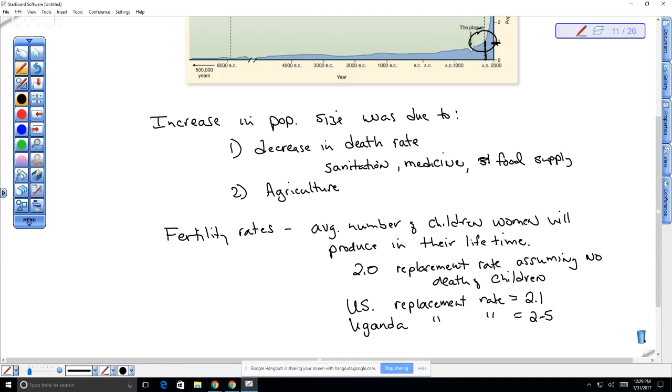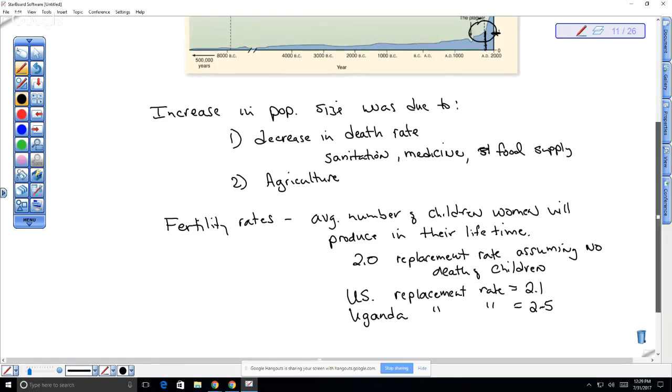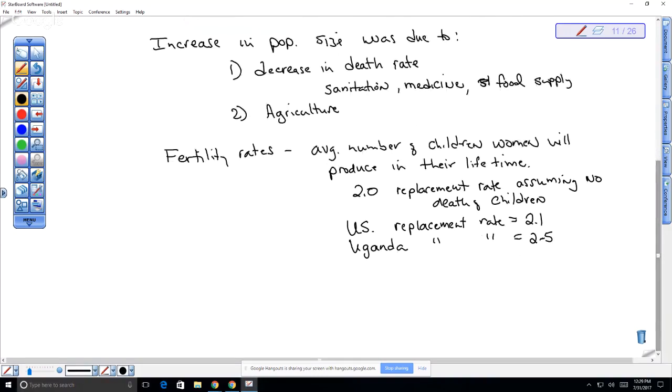So when we increase fertility rates, that is also going to increase population growth. And if we talk about an increase in fertility rates, what causes this? Generally it is in places where women marry young and start having babies at a young age.